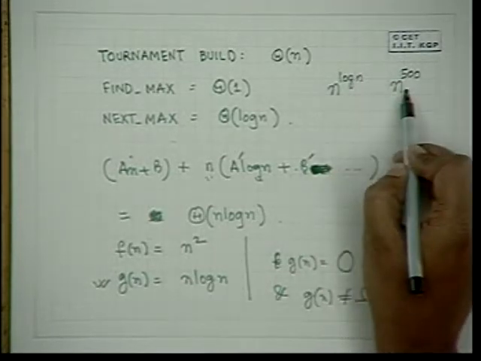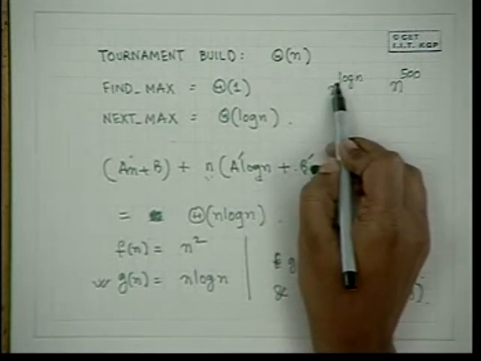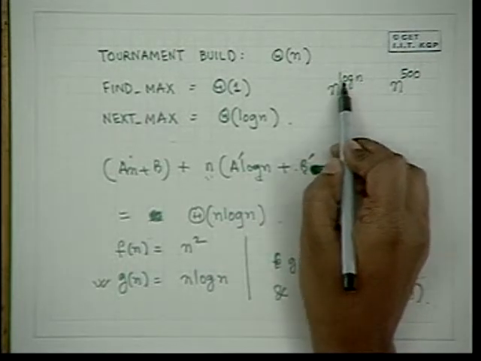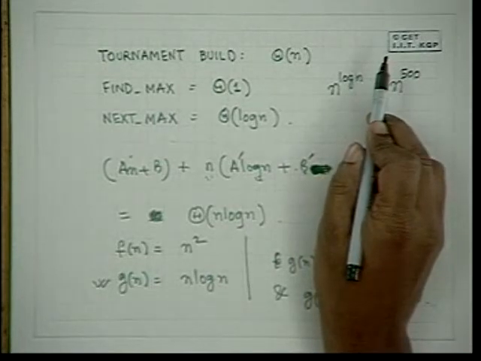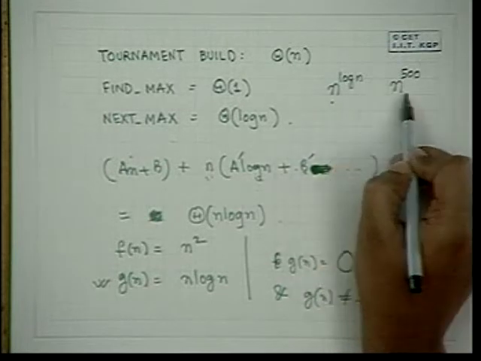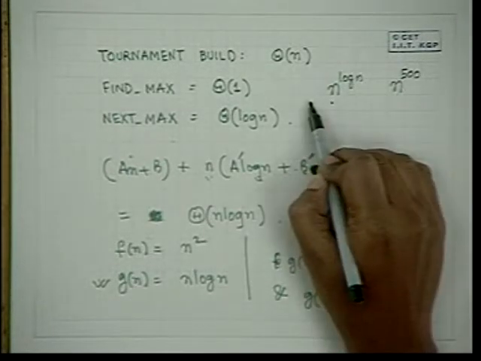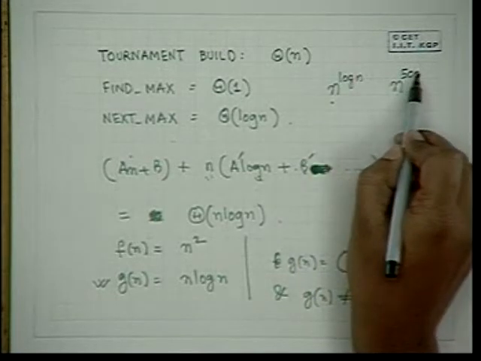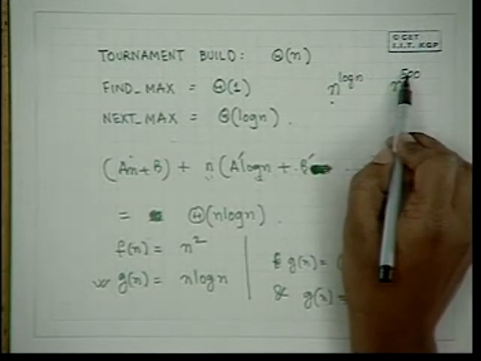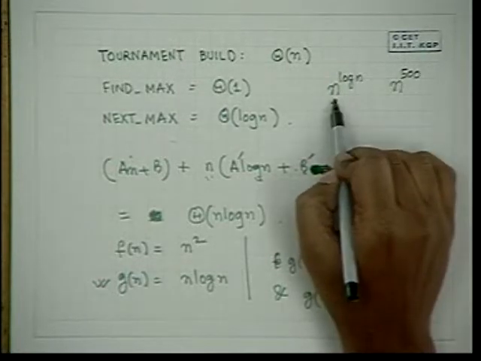See, this one, its growth is a polynomial, whereas this log n will increase with n. So this one will grow faster than this one. So between these two algorithms, this will be better than this. In fact, for any constant n to the power k, for any fixed constant, maybe even 2 million, it will be better than this in order terms.